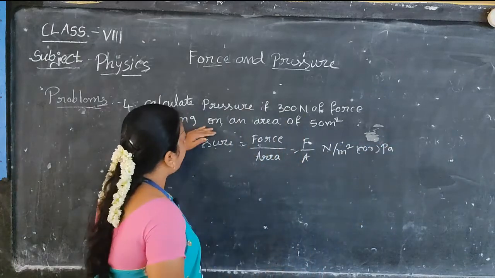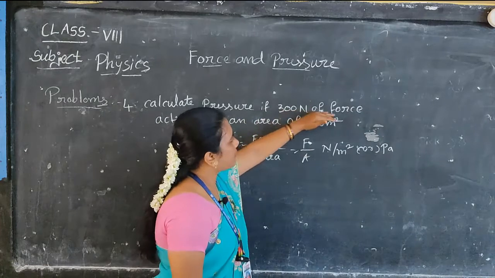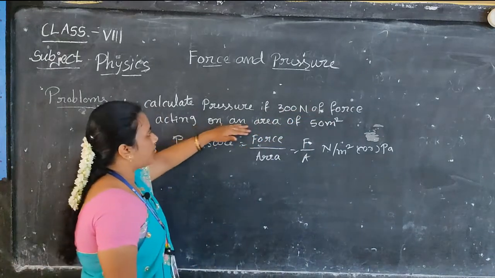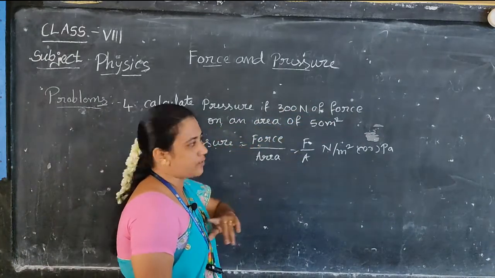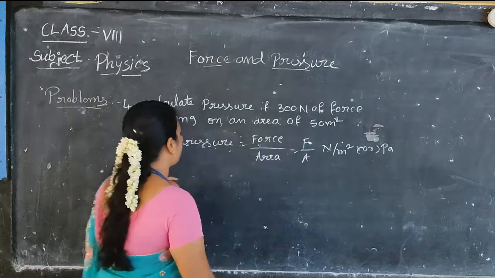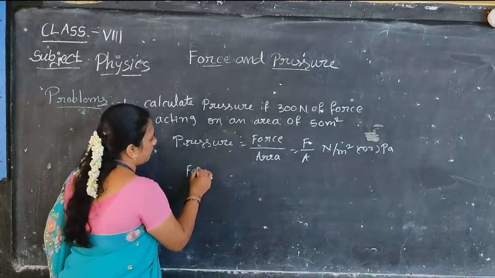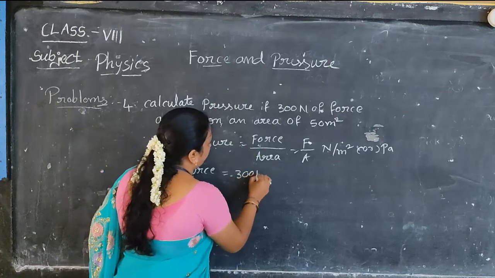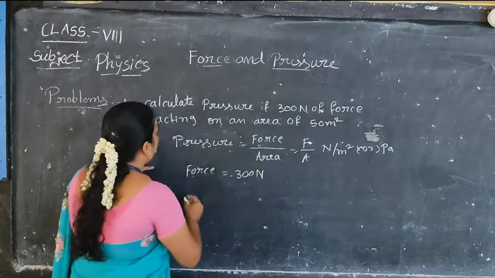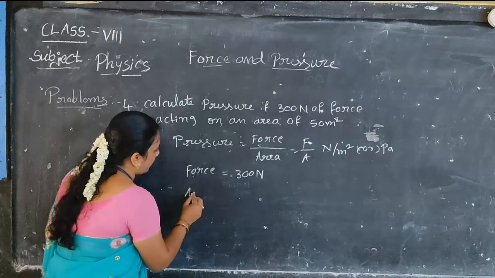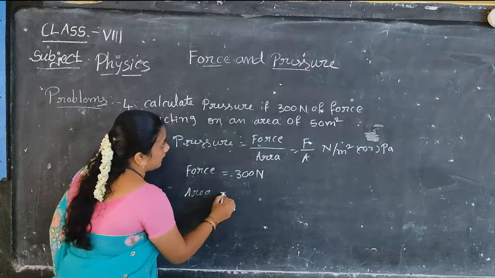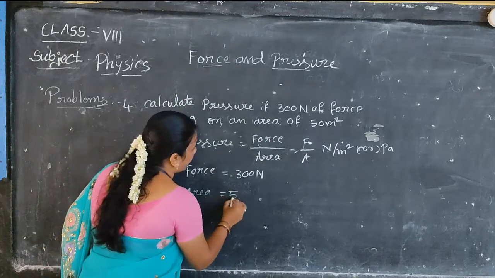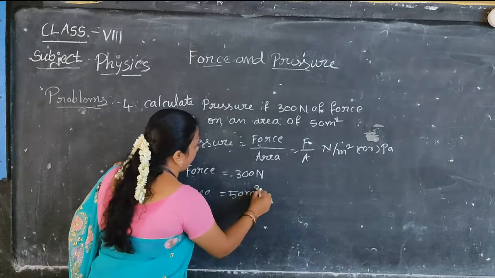Here 300 newtons of force is acting on an area of 50 meter square. So the values are directly given: force is equal to 300 newtons, and area is equal to 50 meter square.